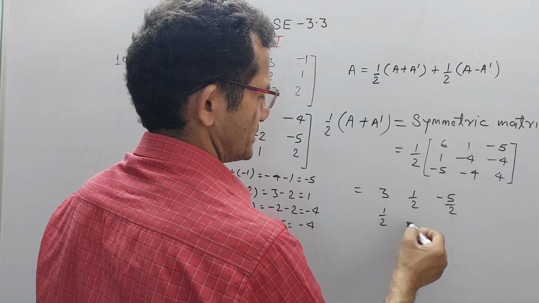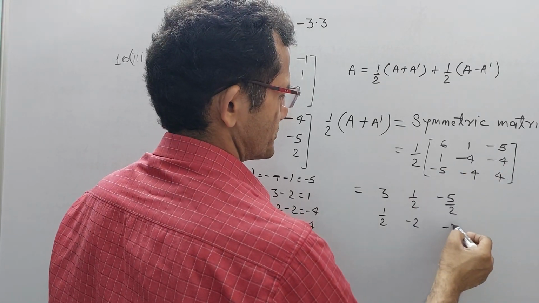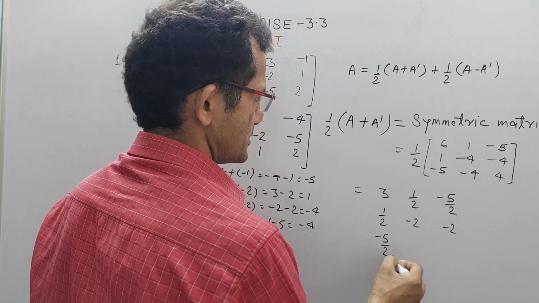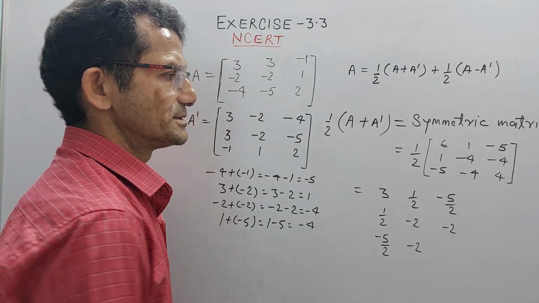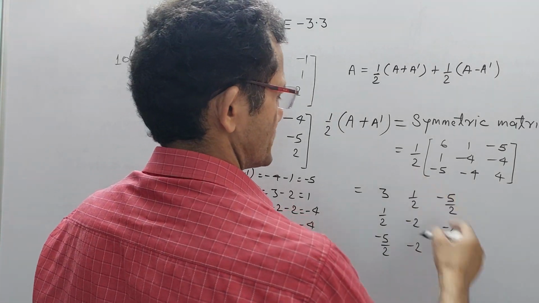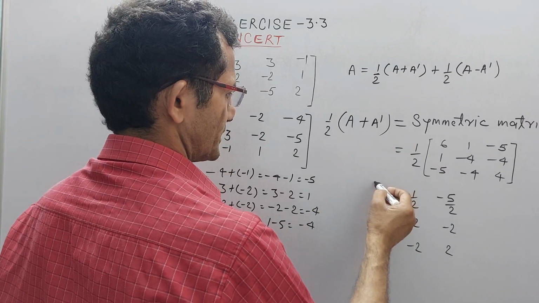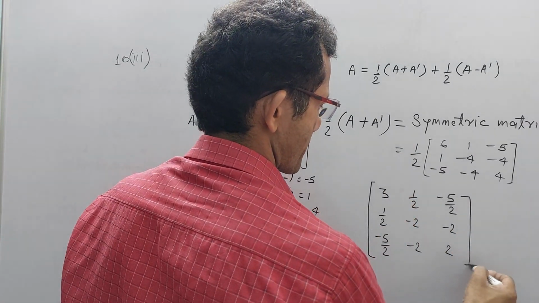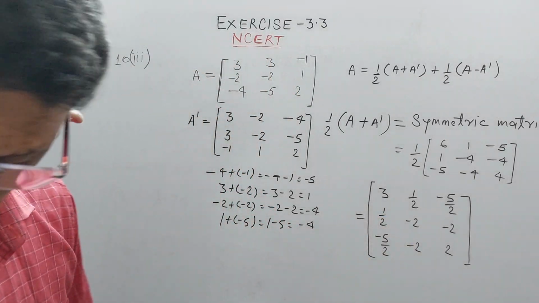Minus 4 by 2, similarly minus 4 divided by 2 is minus 2, and minus 4 divided by 2, and last entry 4 divided by 2 will be 2. So if I write this in this format, this will be our symmetric matrix.